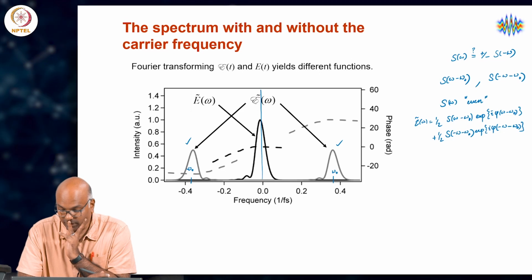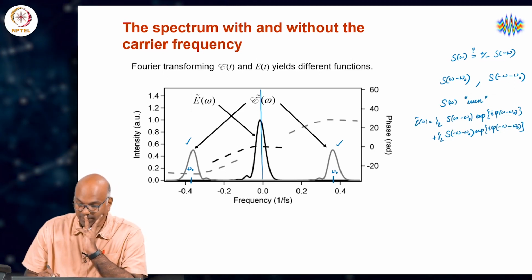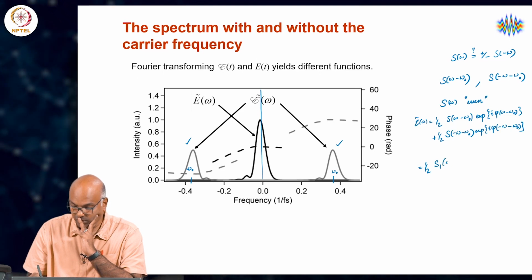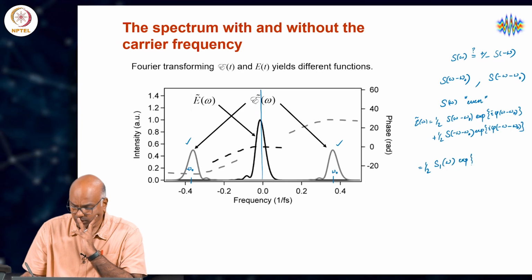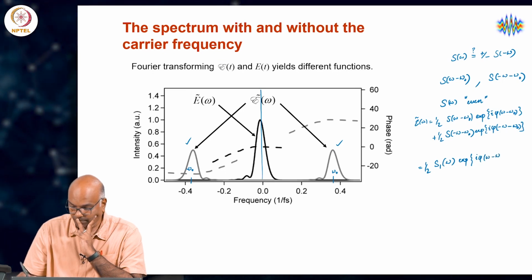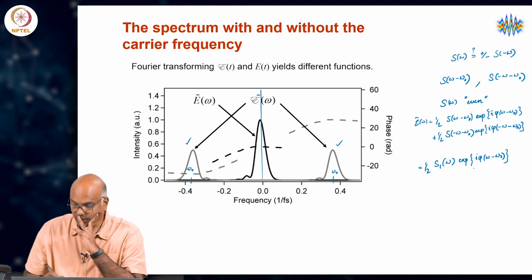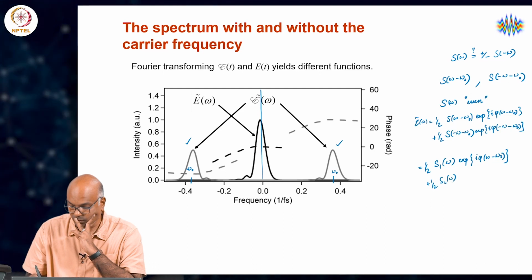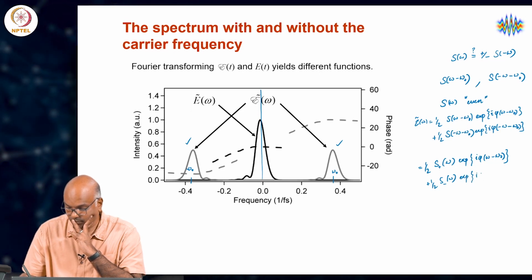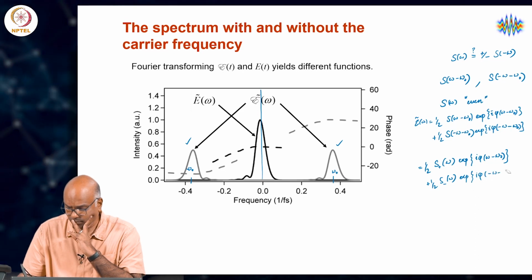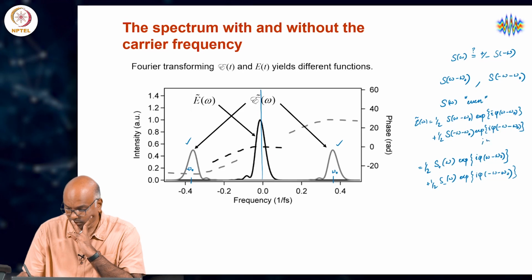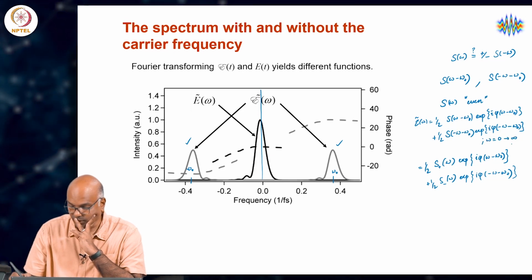So, it is true that these two pieces, this is a half S1 of omega exponent i phi, omega minus omega naught, plus half S2, or I should call this S plus and S minus, where omega goes from 0 to infinity.